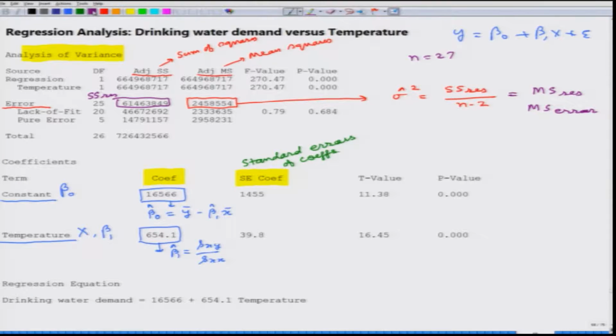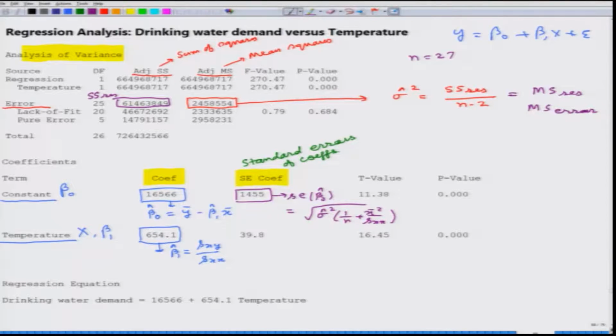Now this quantity is giving us the value of the standard error of beta 0 hat, and if you remember, we had obtained this as sigma square hat times 1 over n plus x bar square over Sxx.